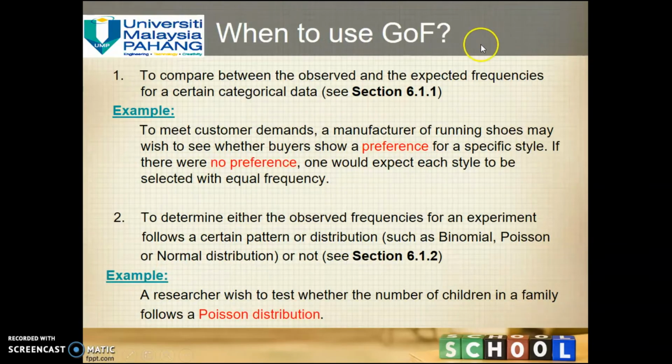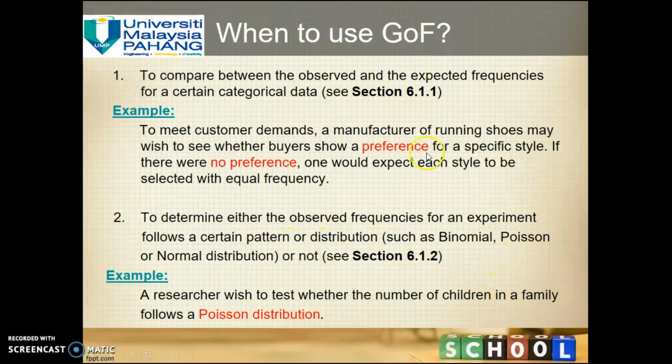So when to use GOF? We have two conditions here when we use the GOF. First, to compare between the observed and expected frequency for a certain categorical data. So we are talking about 6.1.1. And second, to determine whether the observed frequency for an experiment follows a certain pattern or distribution.